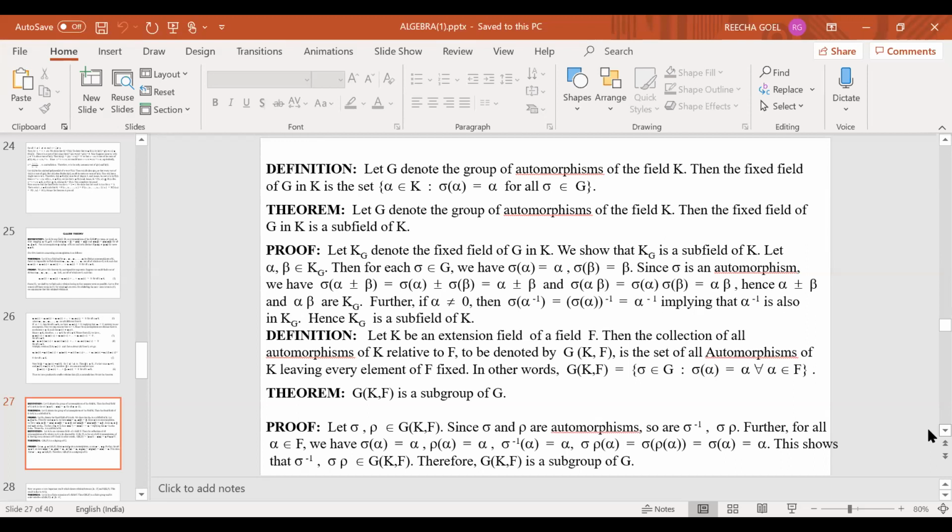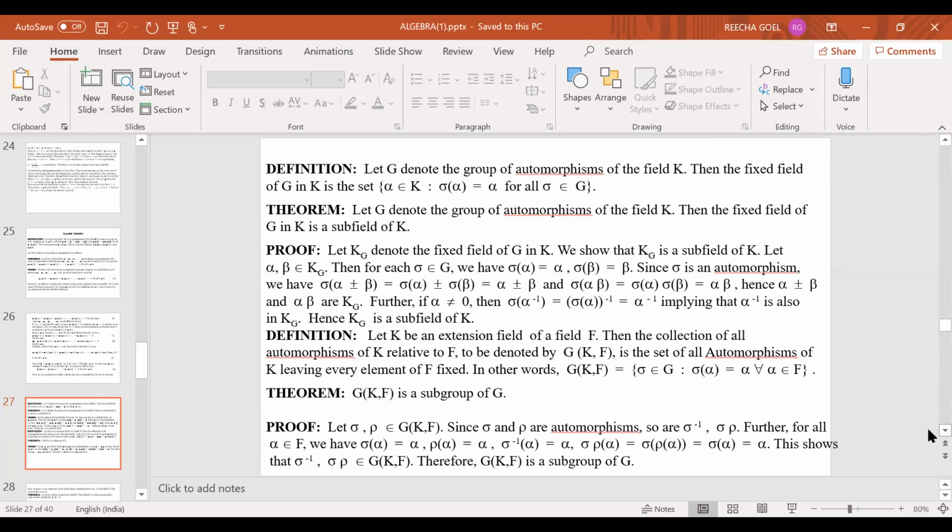Suppose alpha, beta are any two elements of K_G. It means sigma of alpha is equal to alpha and sigma of beta is equal to beta for every sigma in G. Therefore, sigma of alpha plus or minus beta, because sigma is an automorphism, is nothing but sigma alpha plus or minus sigma beta.